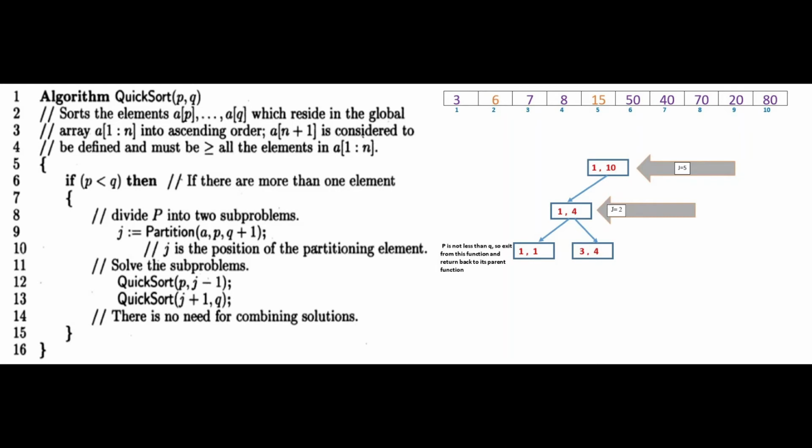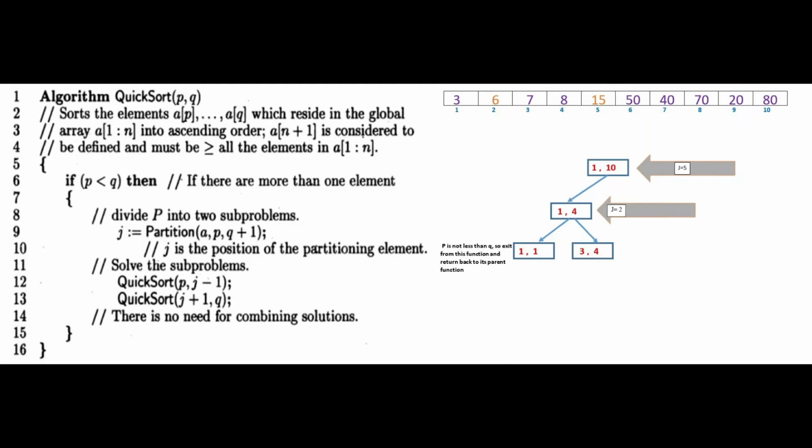That is quicksort of j plus 1 comma q. Quicksort of j plus 1 comma q is 3 comma 4.